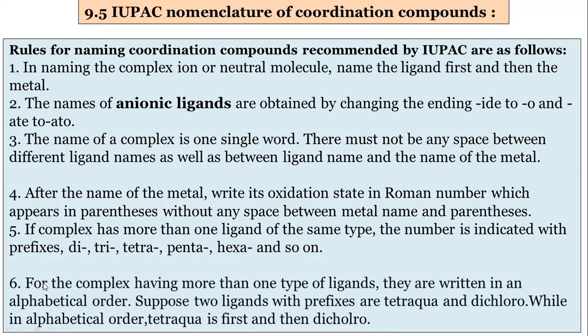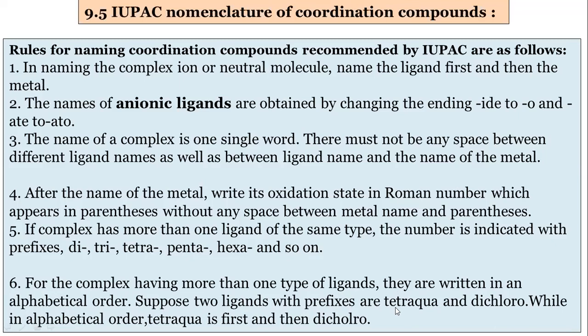So what is rule number 6? For a complex having more than one type of ligand, they are written in alphabetical order. This alphabetical order is very important. For example, suppose there are 2 ligands with prefixes. Don't consider the prefix. We have to consider the name of the ligand here.